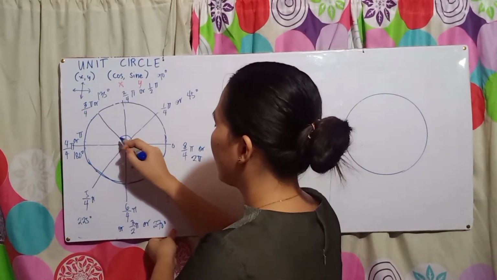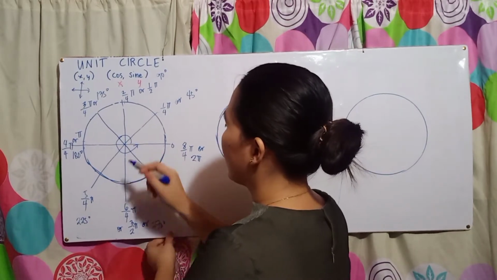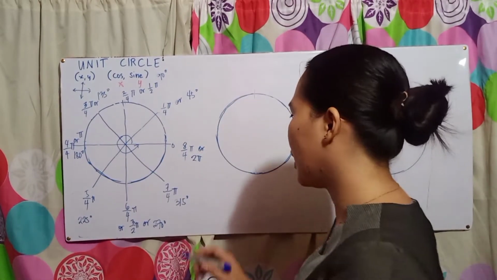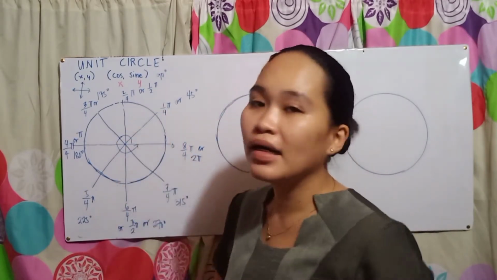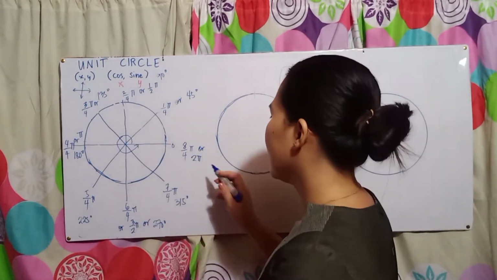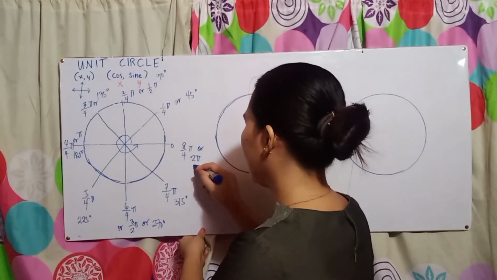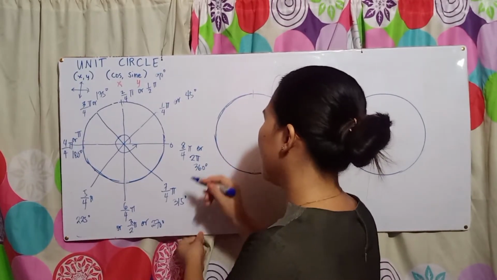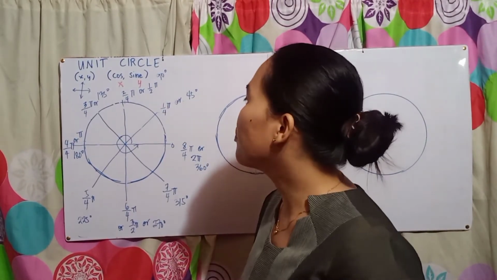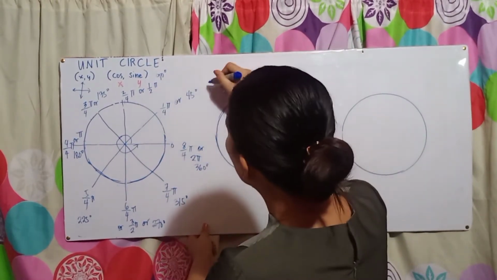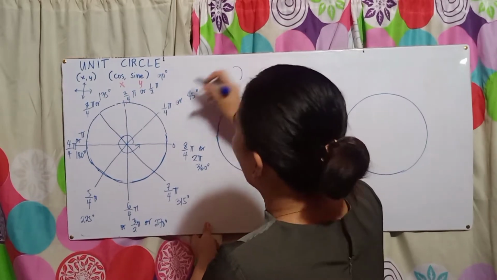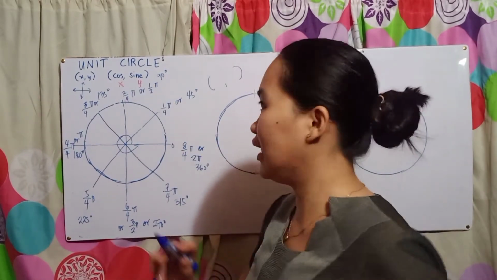It is still counterclockwise, since our angle is positive, so the rotation is counterclockwise. So 2 pi is 360 degrees. Now, in identifying the ordered pairs, it is the same as before: cos and sine.